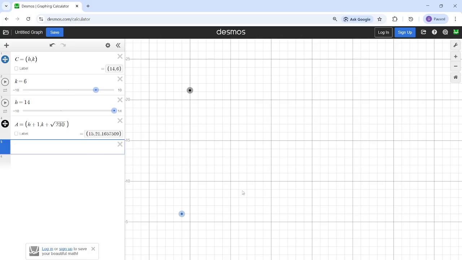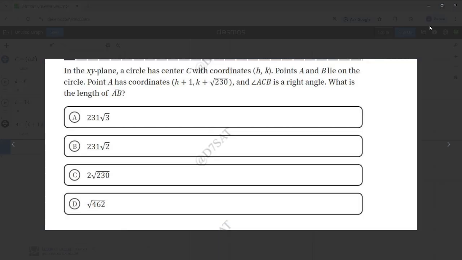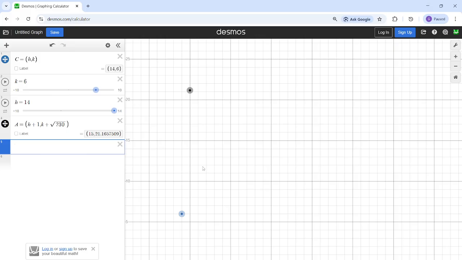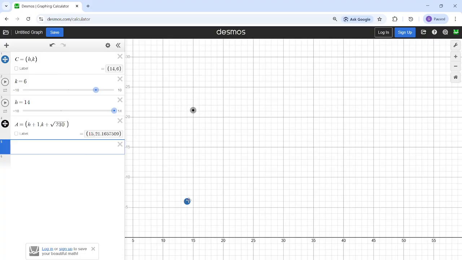But they both lie on the circle. The thing is, if point C is the center of the circle, then the distance between A and C and B and C must be the same. The reason is that the length of AC is a radius because it is going from the center to a point on the circle.